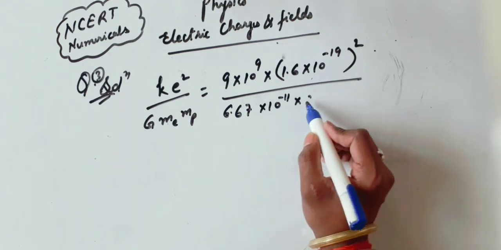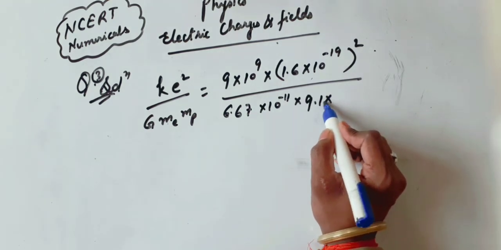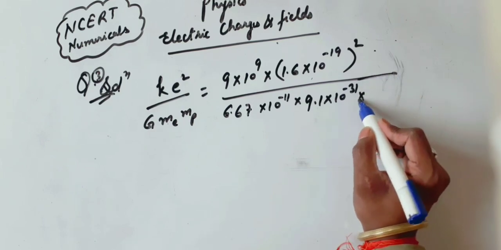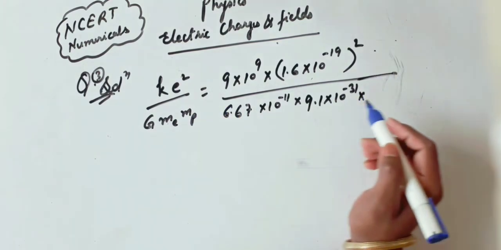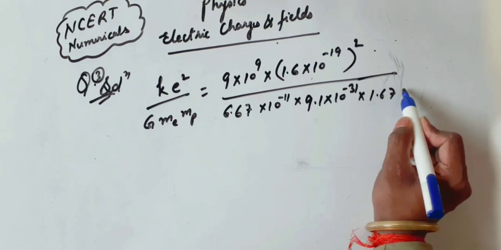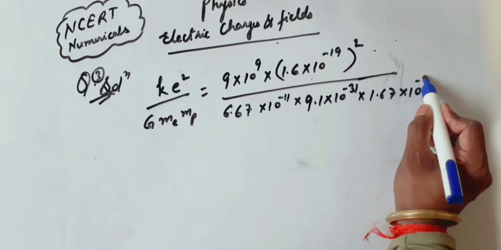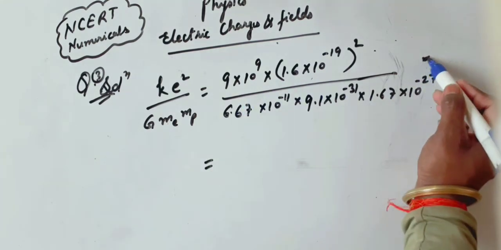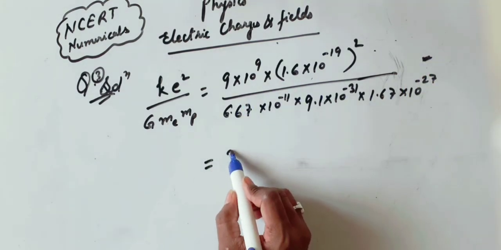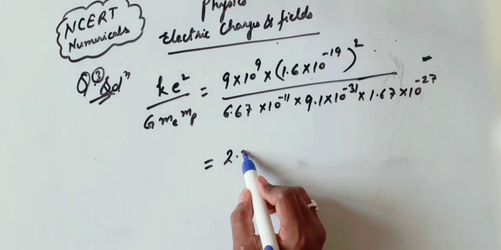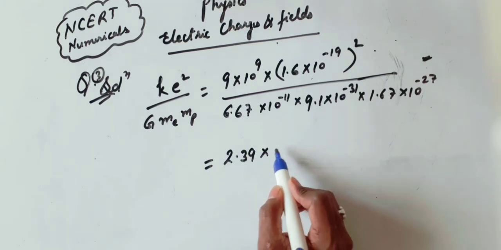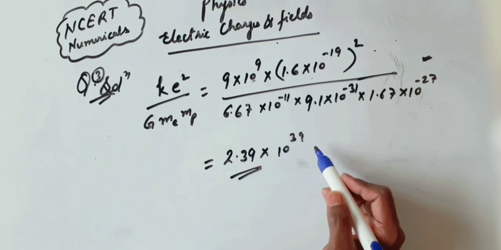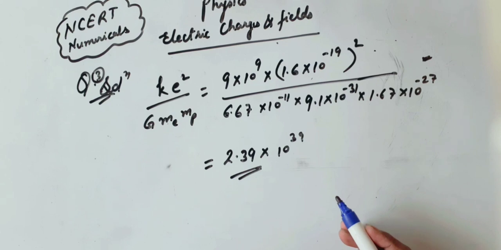The value of mass of electron is 9.1 into 10 to the power minus 31 kg, and the value of mp will be equal to 1.67 into 10 to the power minus 27. On solving this, we will get the answer. This will be equal to 2.39 into 10 to the power 39. It is dimensionless, so we can't write the unit of it.